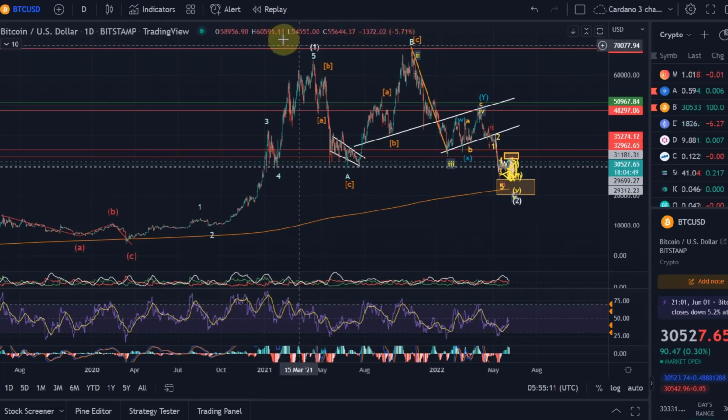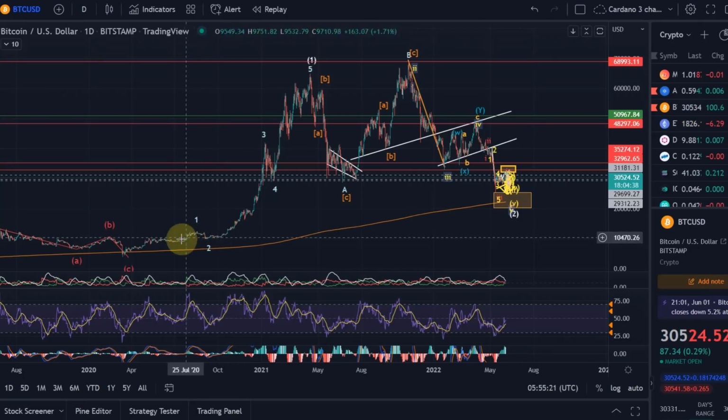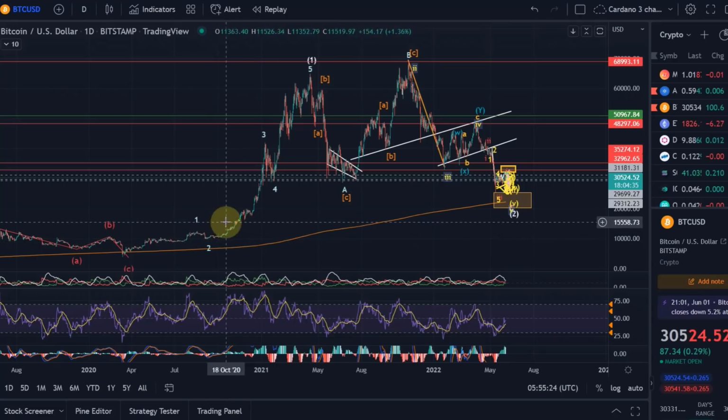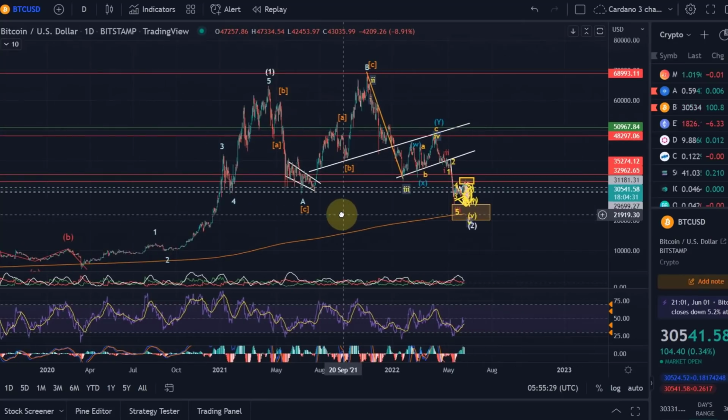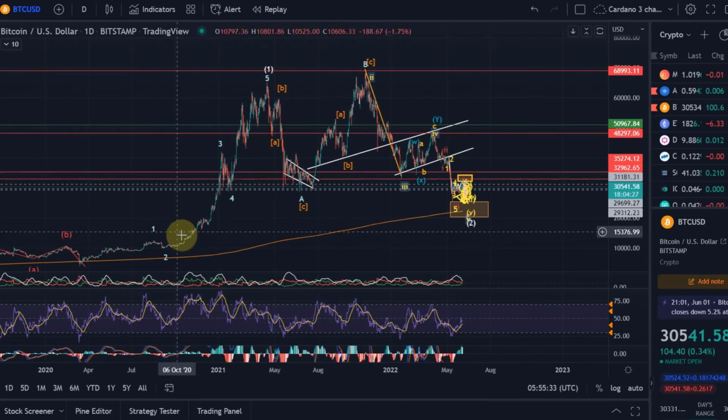So there are certain rules that we need to adhere to when we count these waves on the charts. It's not just made up stuff. There are clear rules, and if you get the wave count wrong, then you won't come to a good result. But overall, it has really adhered very well to this Elliott Wave count.